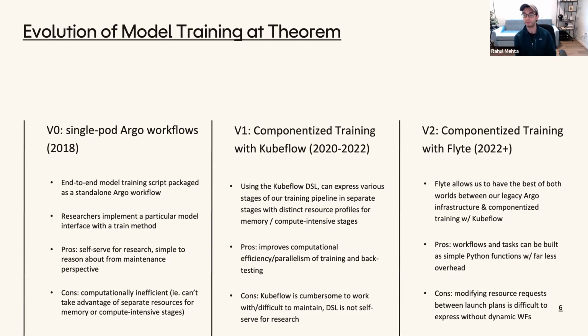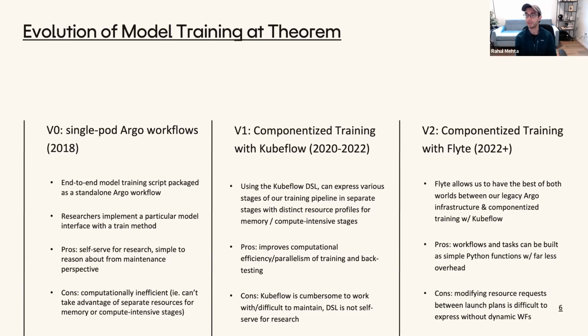And separately, the other aspect that it's tough to hold in tension is ensuring that that system is self-serve for research. And Flyte has obviously helped us a lot with that. But in the legacy Argo training world, researchers wouldn't have to touch any of the orchestration or the infrastructure pieces.